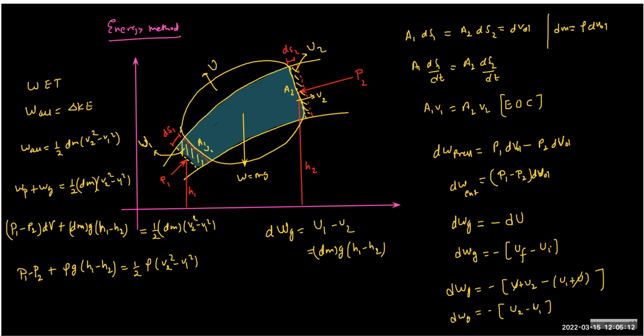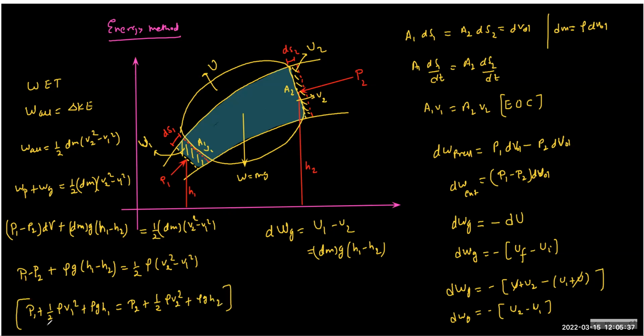Because it's a fluid, we are replacing the mass term by the density term. And if you rearrange, you can see that P1 plus half rho V1 square plus rho g h1 equals P2 plus half rho V2 square plus rho g h2.